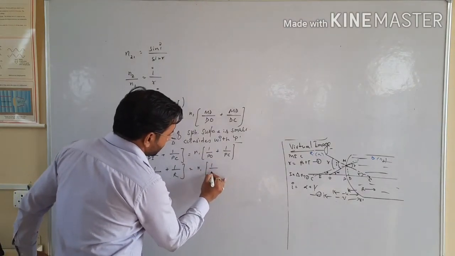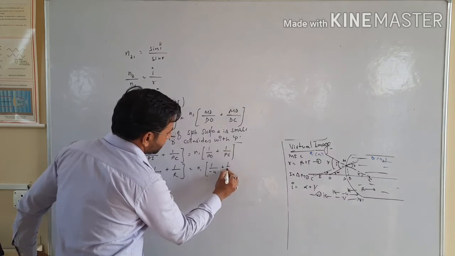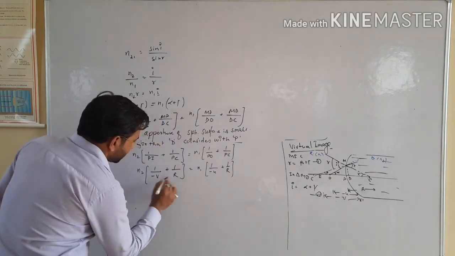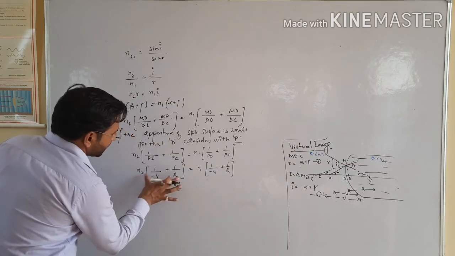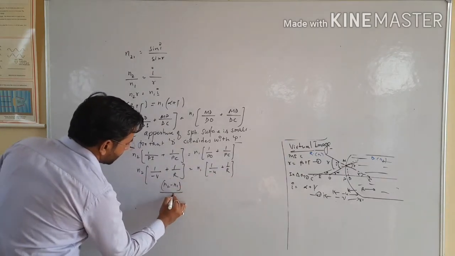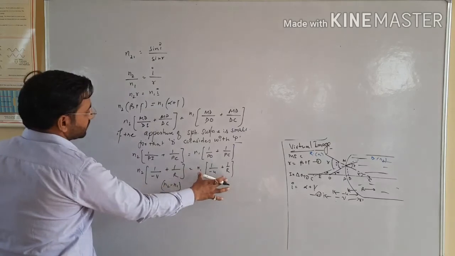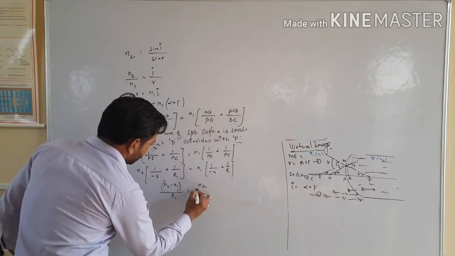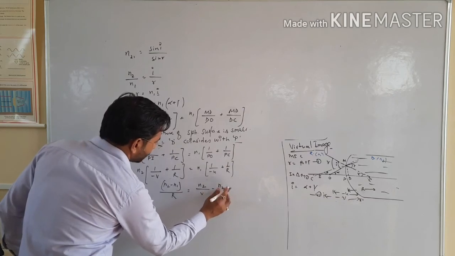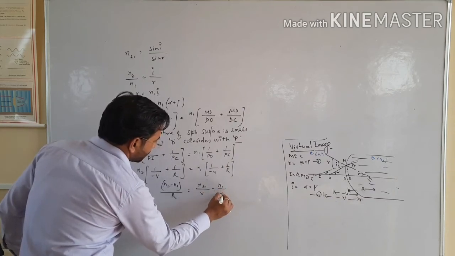PO is minus u. PC is positive. So we can arrange the relation, N2 minus N1 over R, by adjusting these two in the LHS and the remaining in the RHS. So I will write N2 upon V minus N1 upon U.